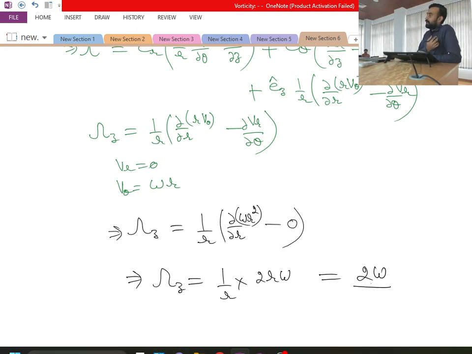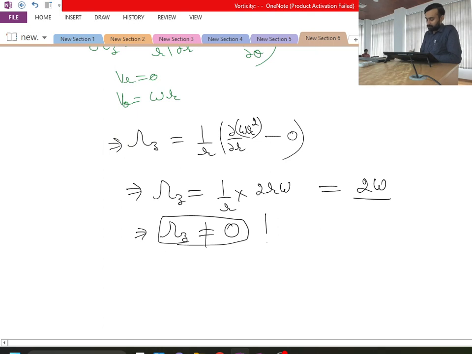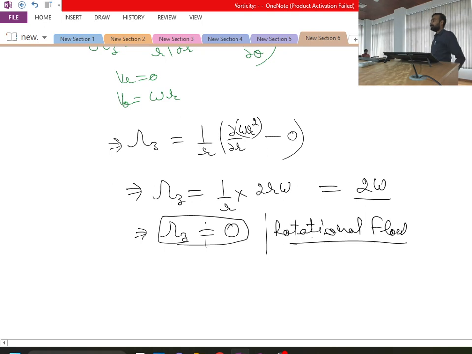So from here, what I will be getting is a non-zero value. So if this is non-zero, it means solid body rotation is identical to a rotational flow. Okay, this point is clear because here the vorticity vector is coming as non-zero, so this is nothing but a rotation.